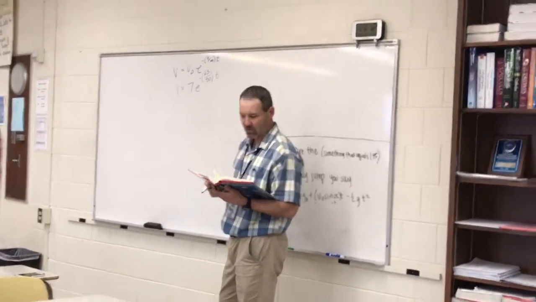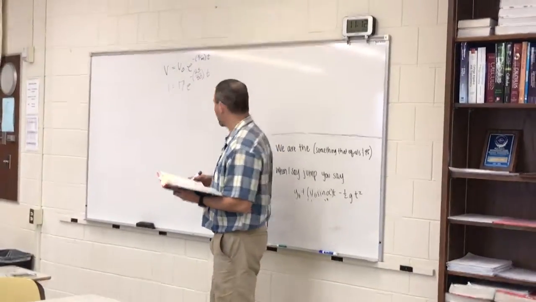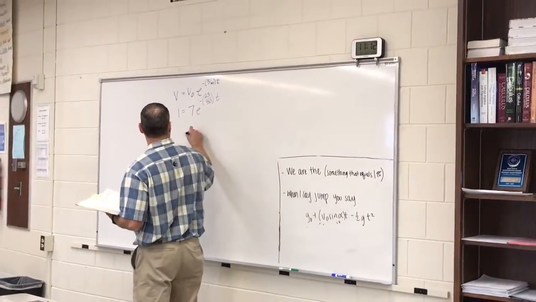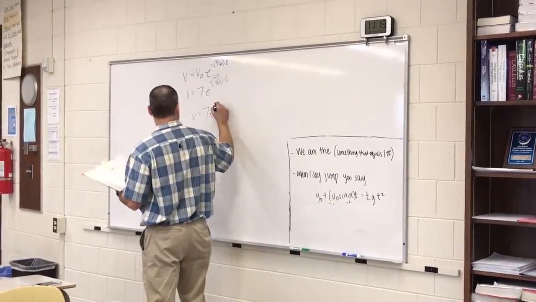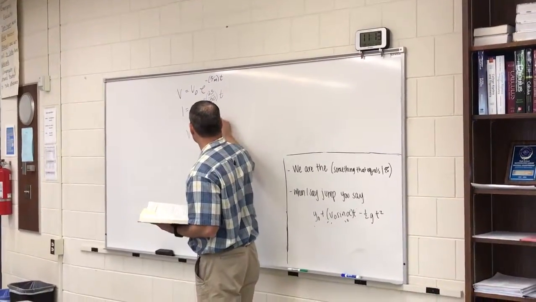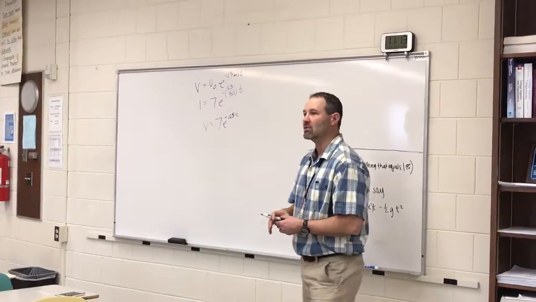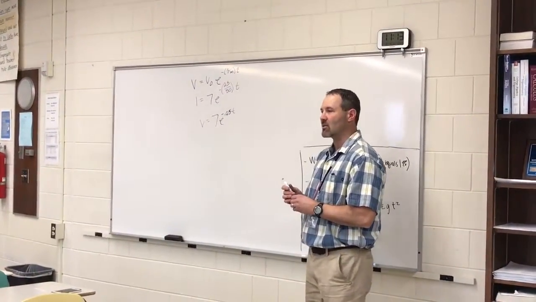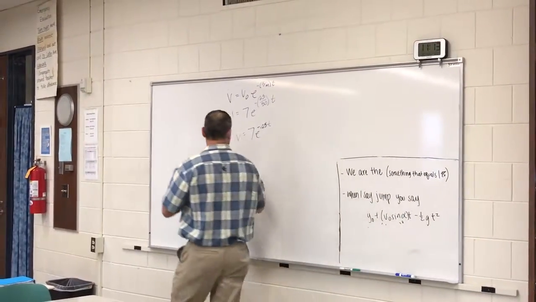The second part of the question is more interesting. How far will the skater coast before coming to a complete stop? Our velocity equation is 7e to the negative 0.05t. So we want to find the total distance traveled completely. In order to do that, we have to integrate it.